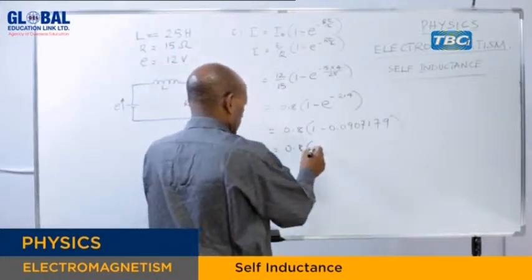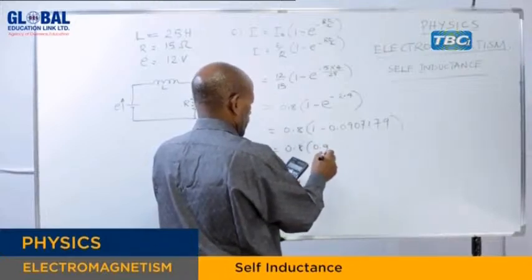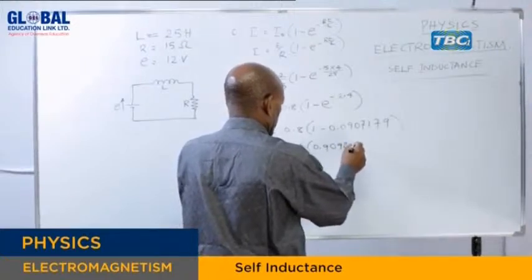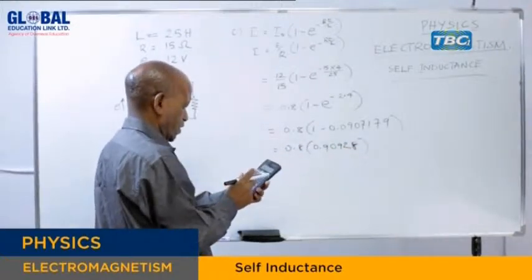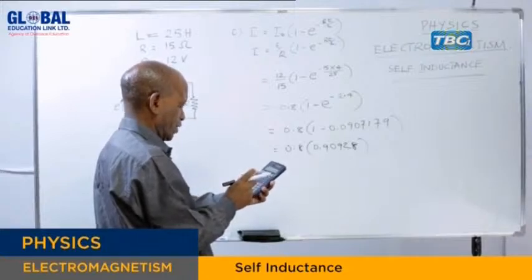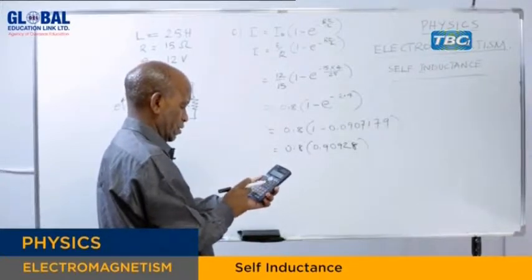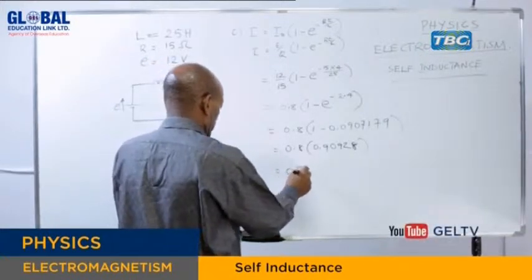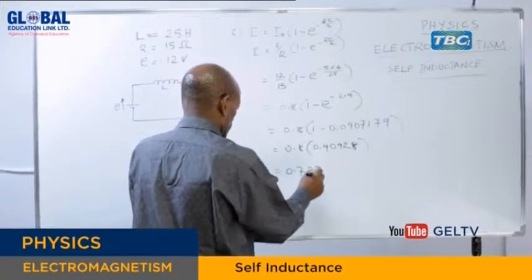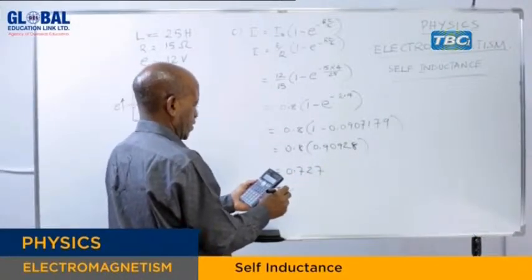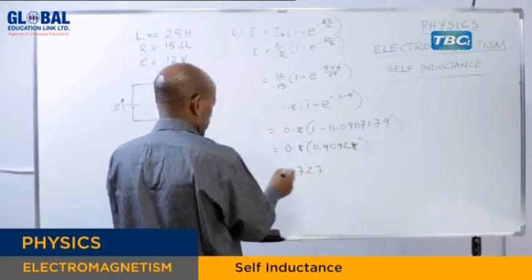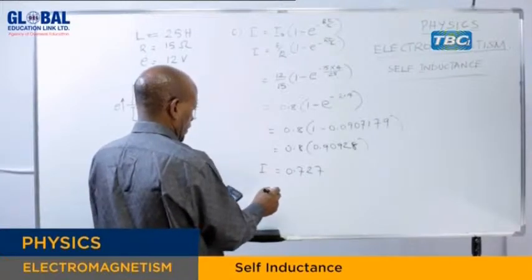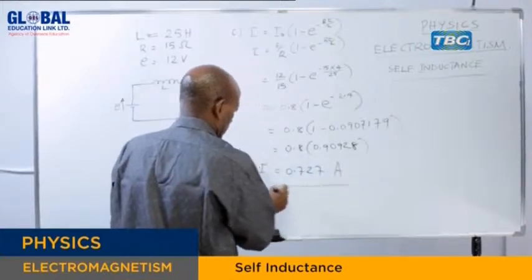We'll be getting 0.90928, and our last answer, if we multiply it by 0.8, we'll be getting 0.72742, etc. Up to the third decimal place, the current I will be equal to this much ampere.